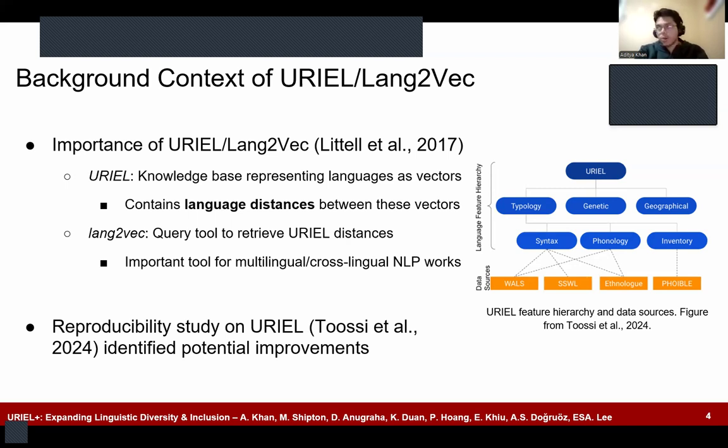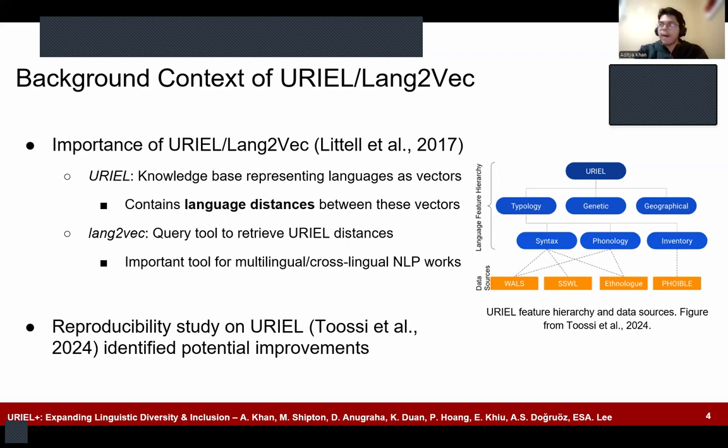I believe at the time of recording this, there are about 250 or so citations of URIEL, so it's pretty highly cited. But the problem is that URIEL has some flaws that make it not as reliable or as usable as we would like it to be.